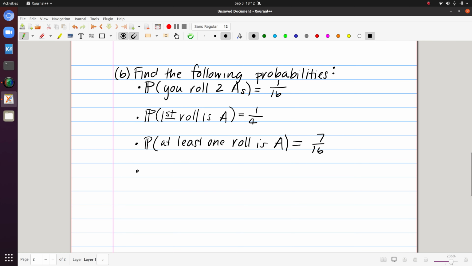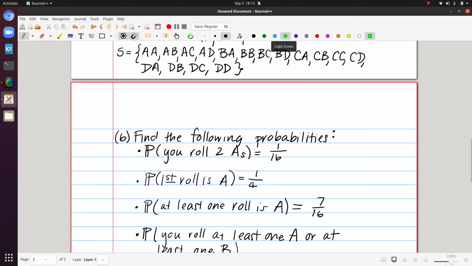And then finally, suppose we want to find the probability that you roll at least one A or at least one B. So this is kind of building even further from what we saw before. So again, I go back to my sample space.